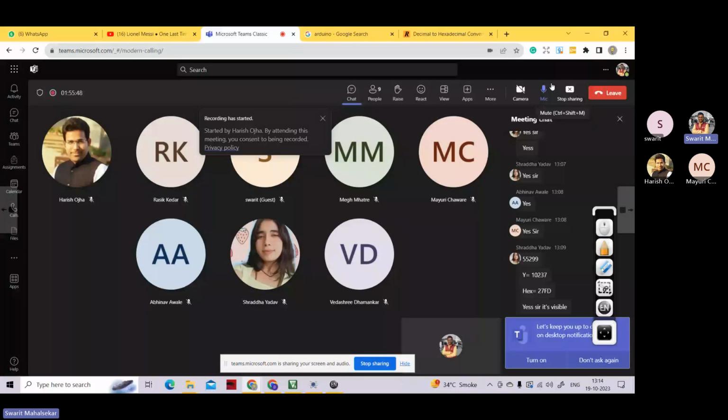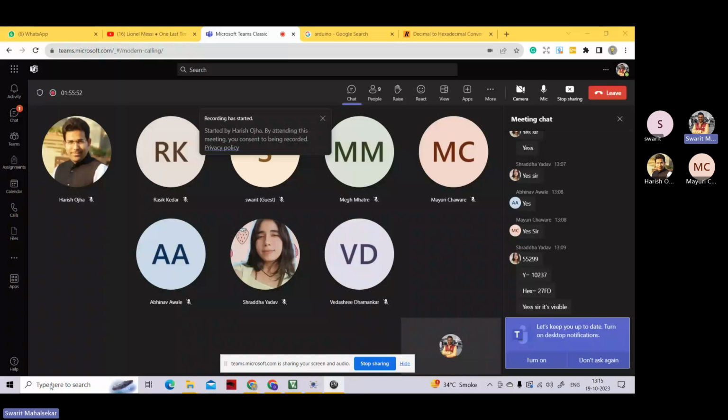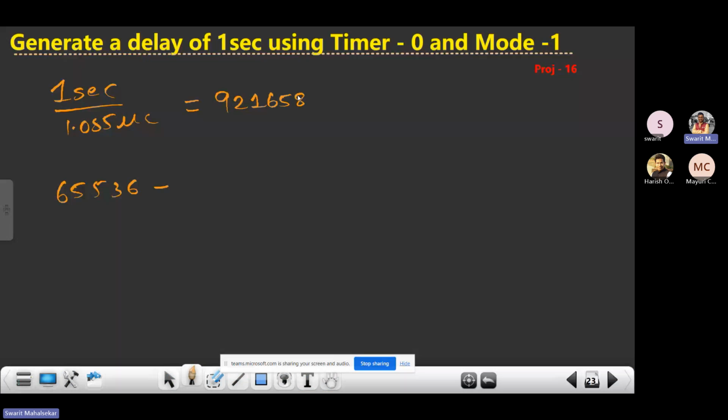Can someone tell me the values? Just perform this particular calculation: 1 second divided by 1.085 microsecond, which is 921658, and then we have 65536 minus this. Perform this calculation.